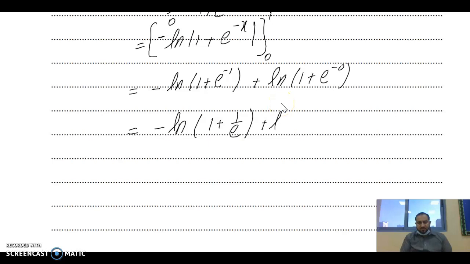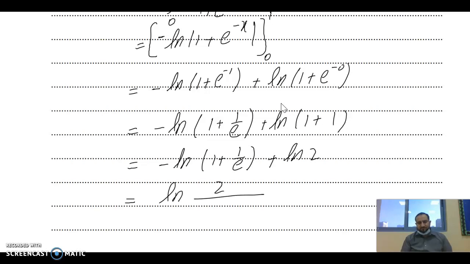So here ln of 1 plus e to the power 0, this will be 1, so this is ln of 2. So minus ln of 1 plus 1 over e, plus ln of 2. So we can use the property of log, which will be 2 over 1 plus 1 over e.